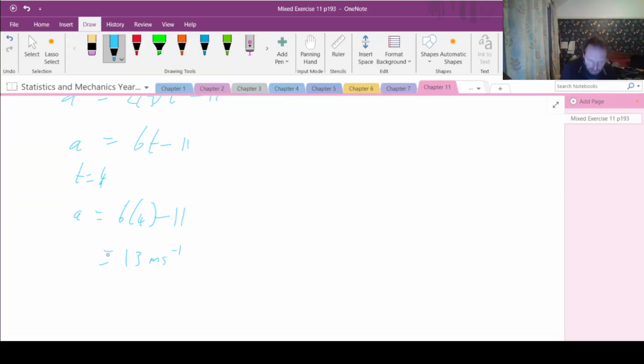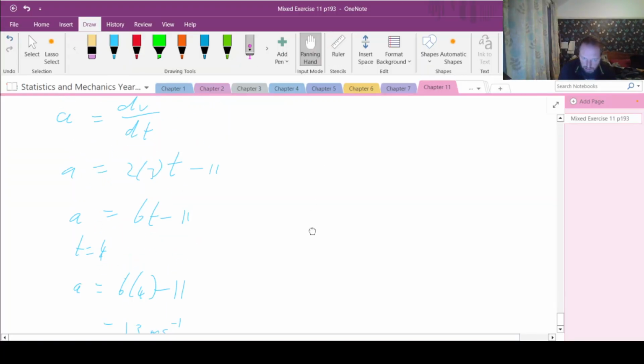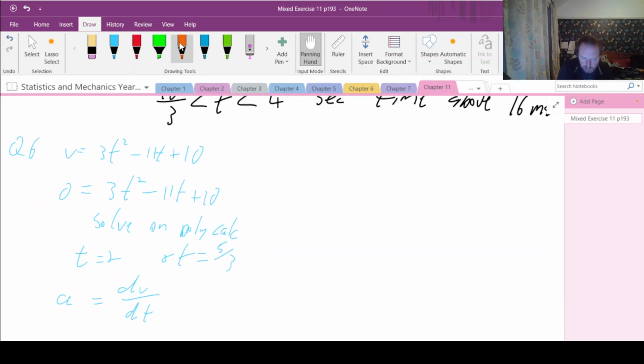Part C. The total distance travelled by the body in the interval between 0 and 4. So we are looking for total distance travelled, so we are looking for s, and s can be found by integrating v.